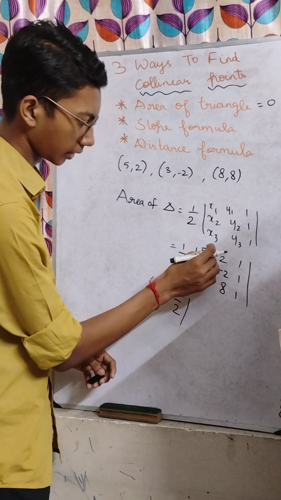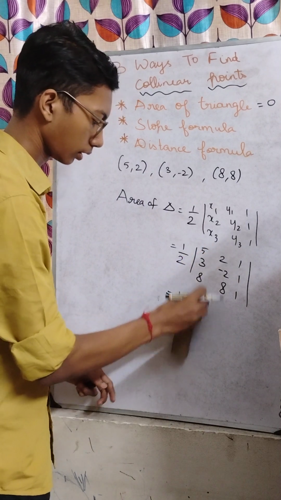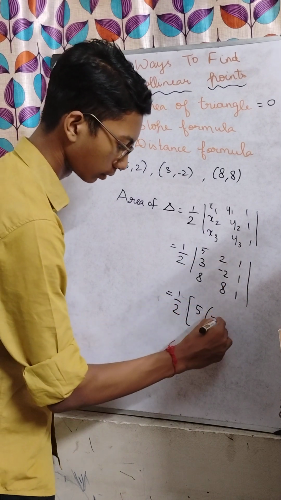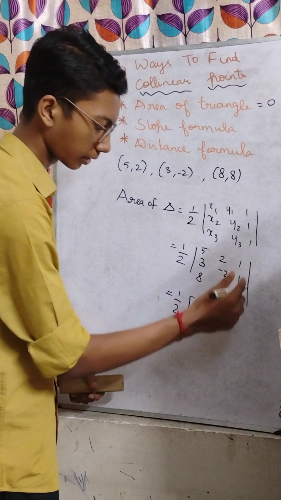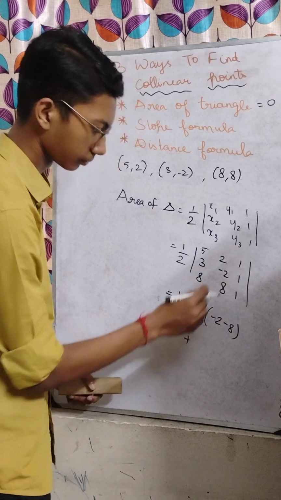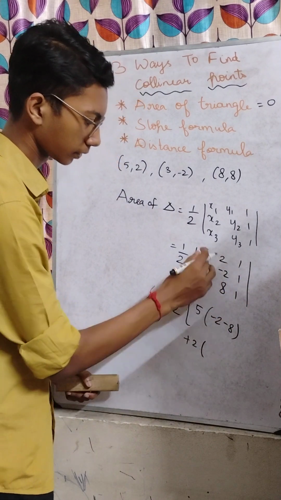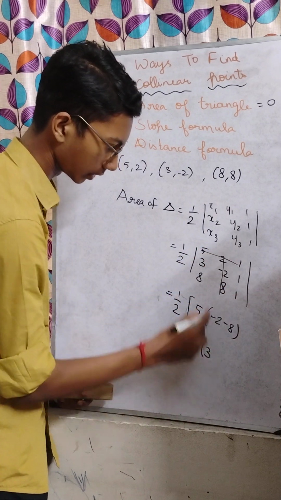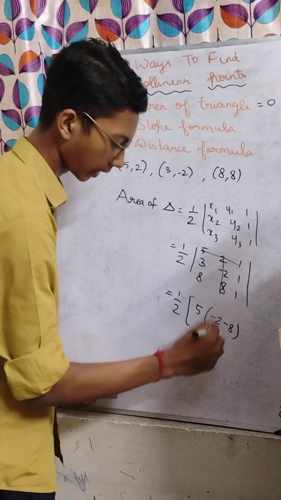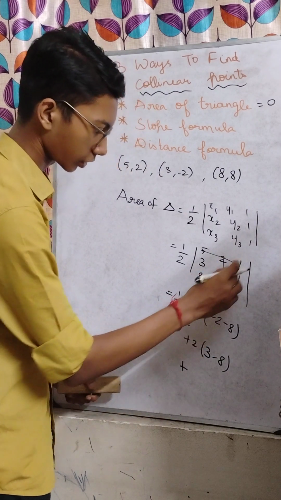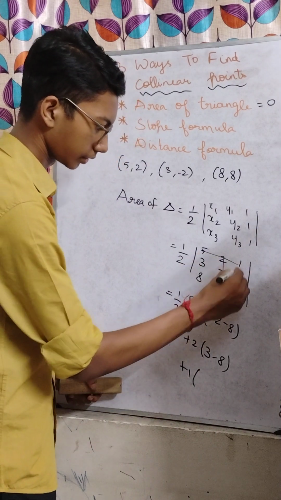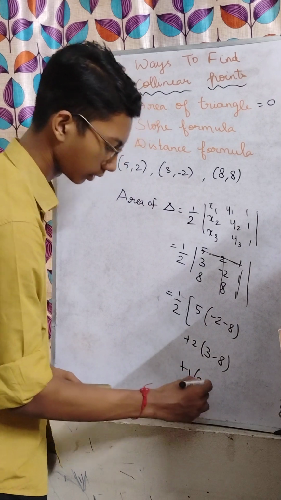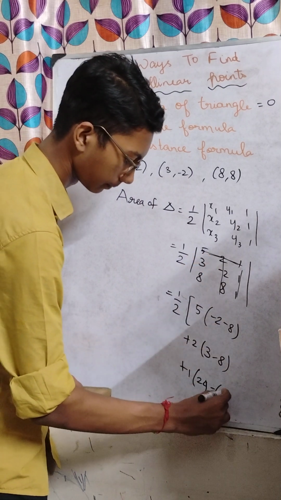So half of, take this 5, and then do minus 2, minus 8, plus, take this second one, 2 of, just write these out. So we have 3 times 1 gives 3, minus 8. Again the last one, 1. Strike these rows and columns. We have 3 times 8, 24, minus 16.